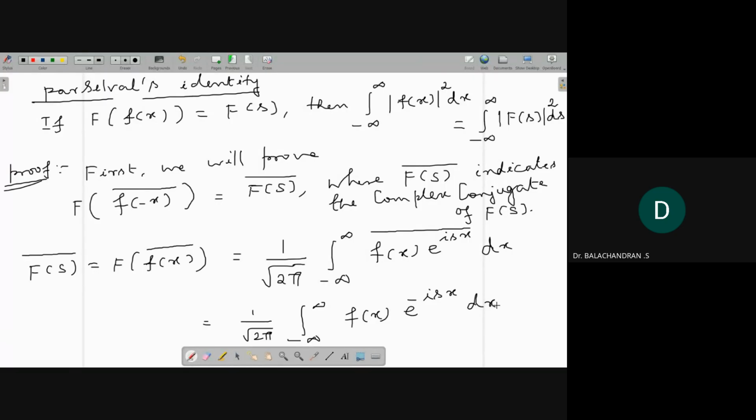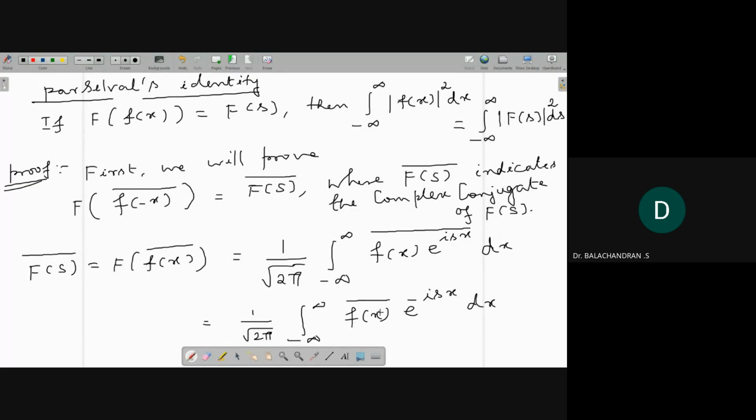I think it is better to maintain the bar on f also. If it is a real function, then f of x whole bar is equal to f of x. But if it is a complex valued function, we can't say. So that's why I'll keep the bar here also.